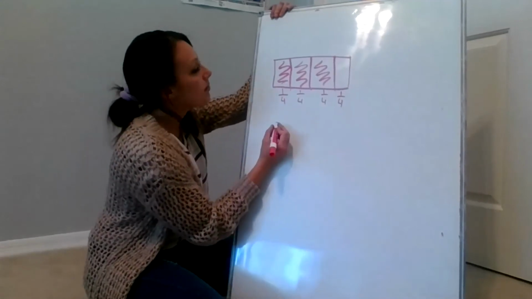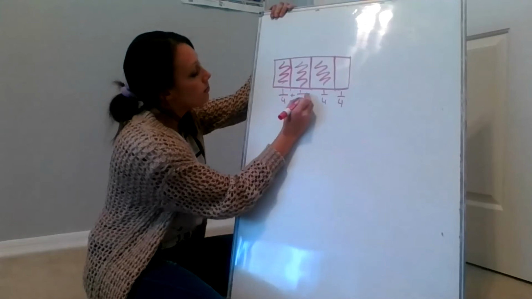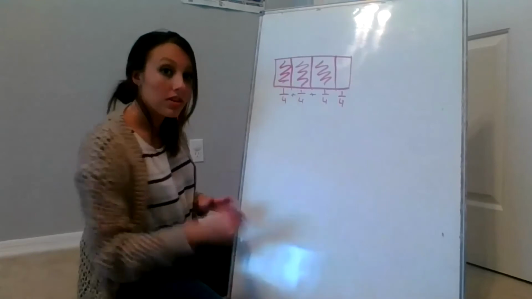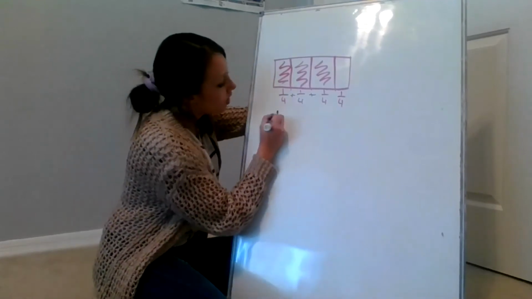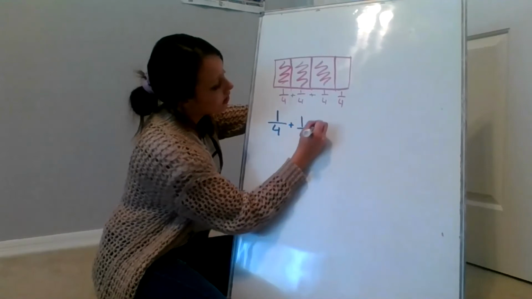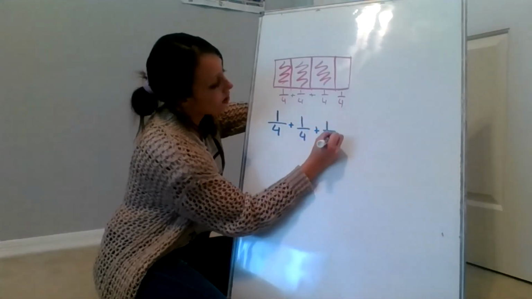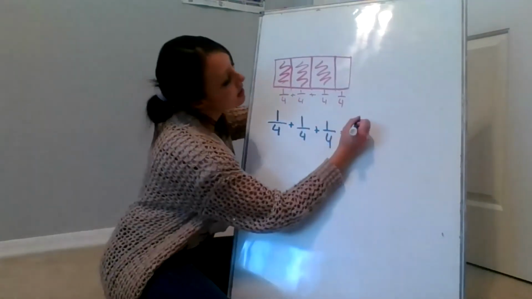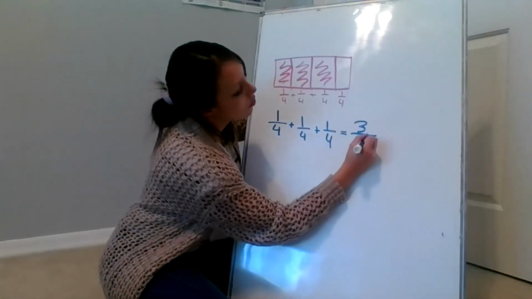Let's add it together, right? We're going to add 1/4 plus 1/4 plus a final quarter. So if we wrote this out, we would have 1/4 plus 1/4 plus 1/4, which equals 1 plus 1 plus 1 is 3, so that equals 3/4.